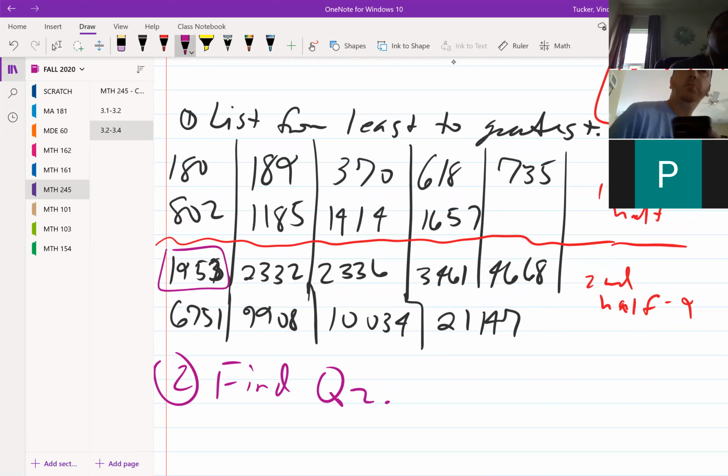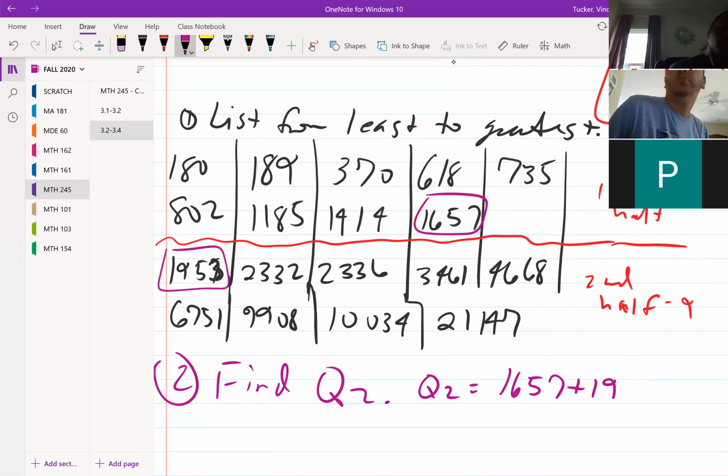So that would be this and this. Those 2 values in the middle. Now, if I had, let's say, 21 data values, then I would have a middle value. Remember, that's how we would find the median. But since I have an even number, I would take the 2 middle values, add them together and divide by 2.